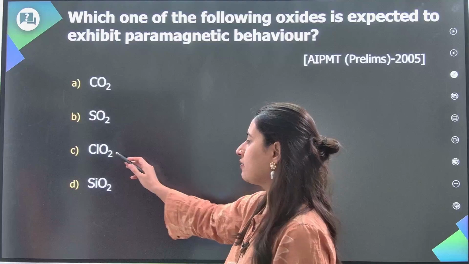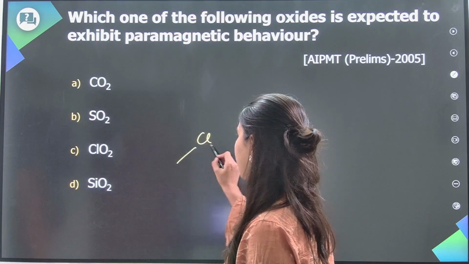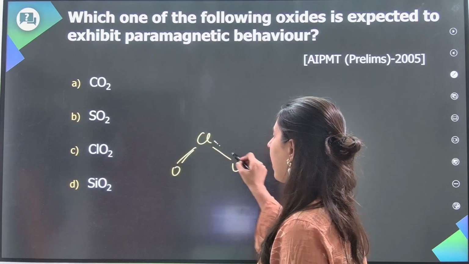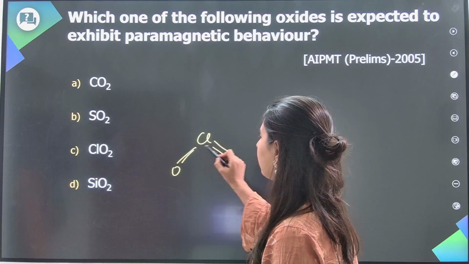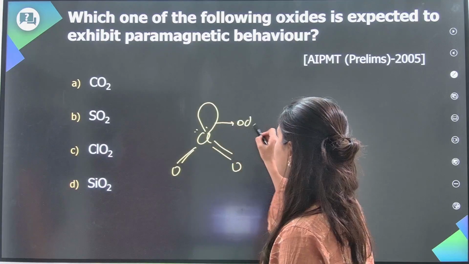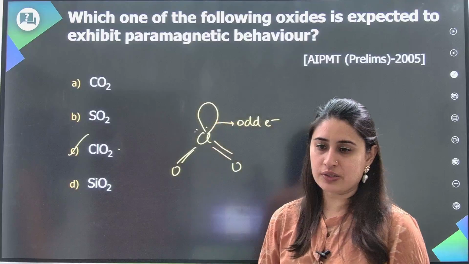So if you see, we have ClO2. That means the oxygens are the side atoms and we have chlorine: 1, 2, 3, 4, 5, 6 and 7. There will be one odd electron present. So clearly C will be the answer for this question.